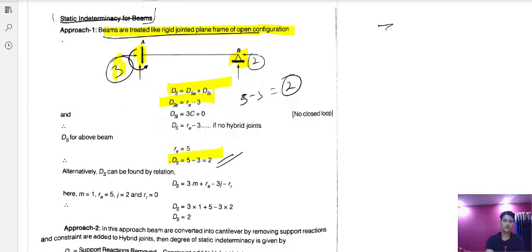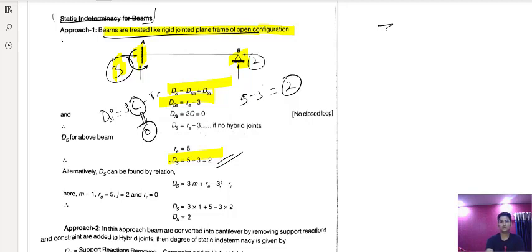Now for calculating the value of DSI, as it is a case of a rigid jointed plane frame, it will be 3 times C minus RR. Here the number of closed loops is 0, so 3 times 0 will be 0.